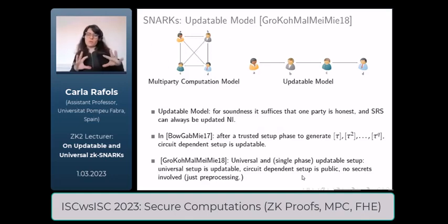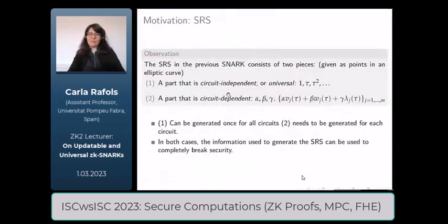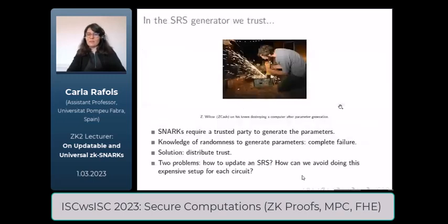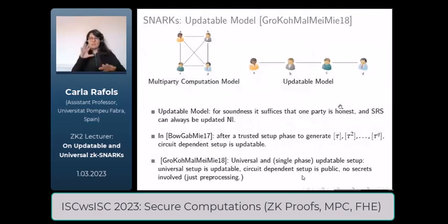They proposed to generate the SRS in two different phases: one phase generating the circuit-independent and universal part, which is this part, and another phase generating the circuit-dependent part that was updatable. So they had a sort of updatable model in two phases.